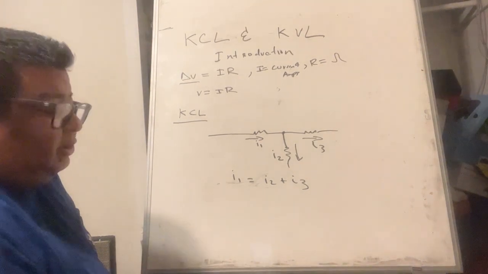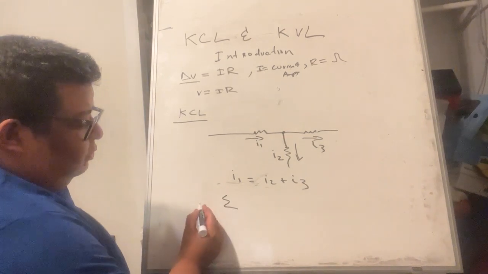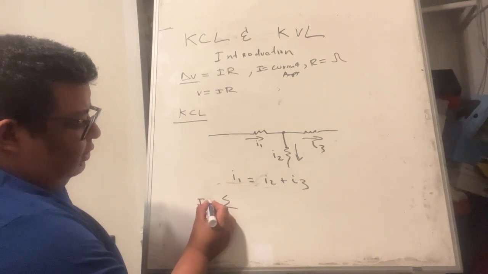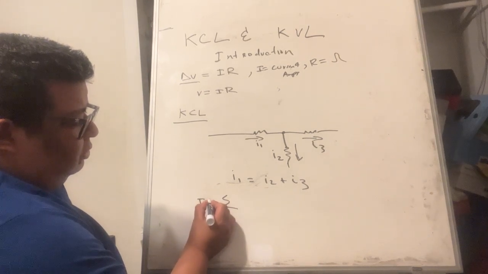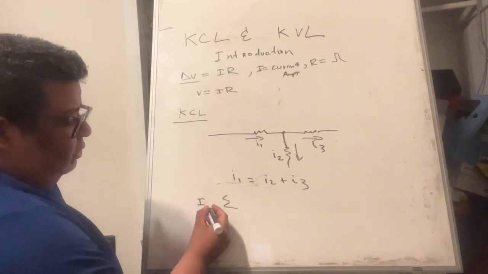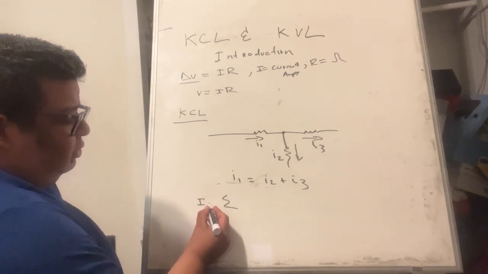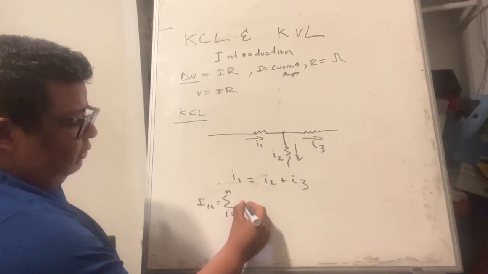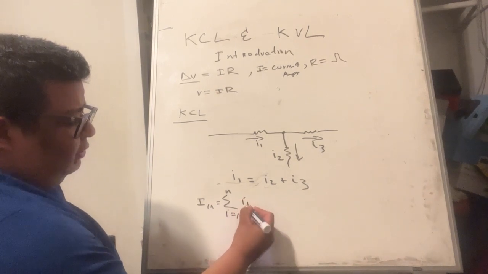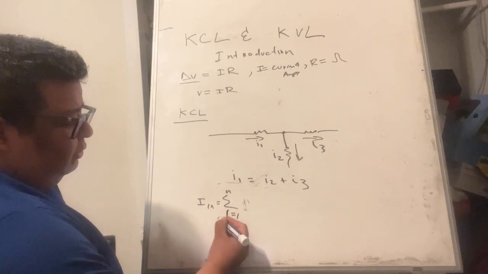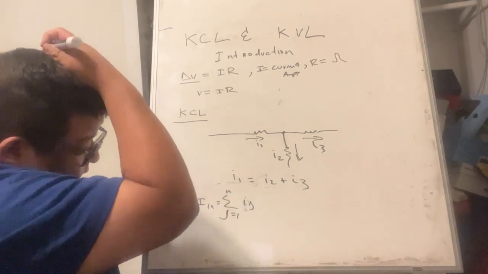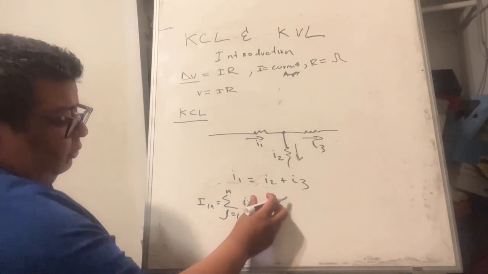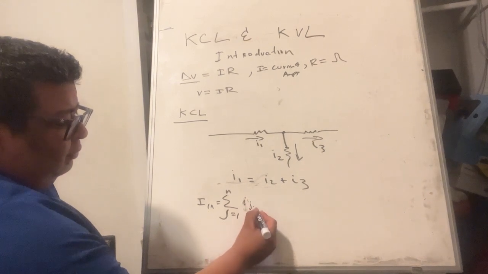You can write this as a summation: I in equals the sum over J from 1 to N of I_J out.